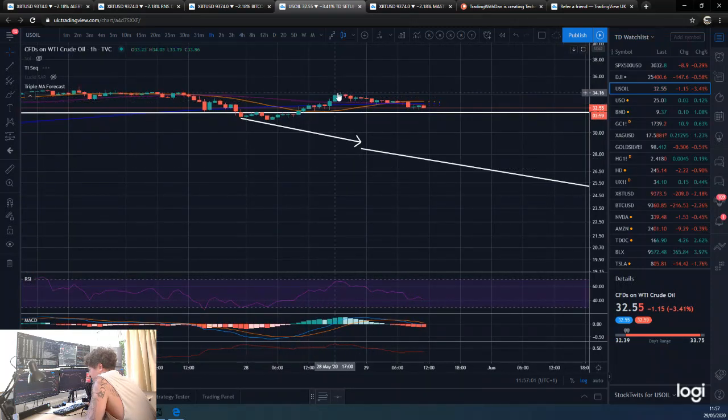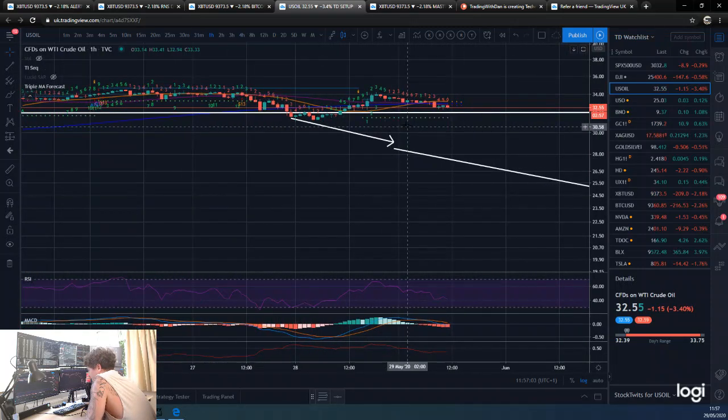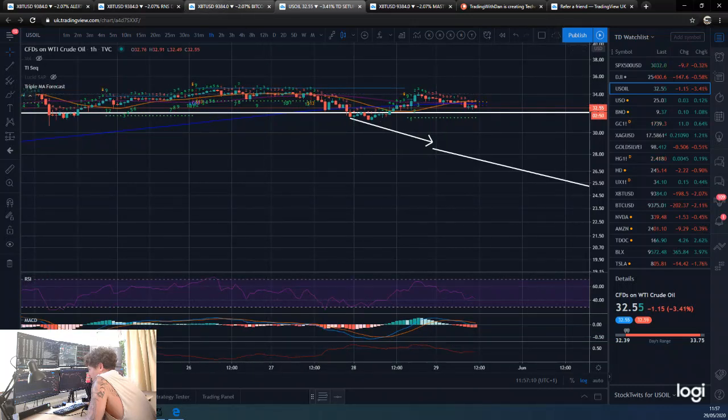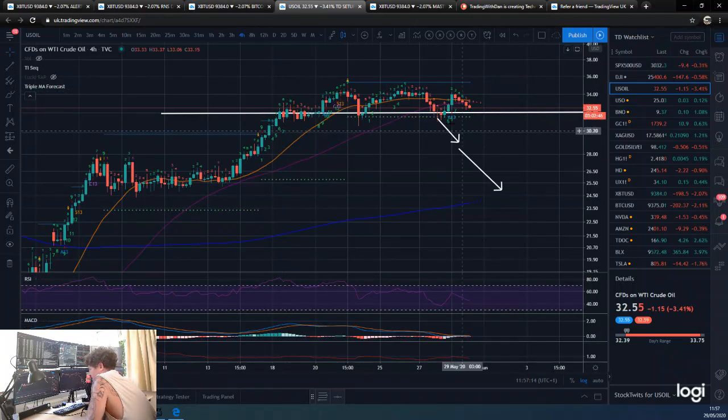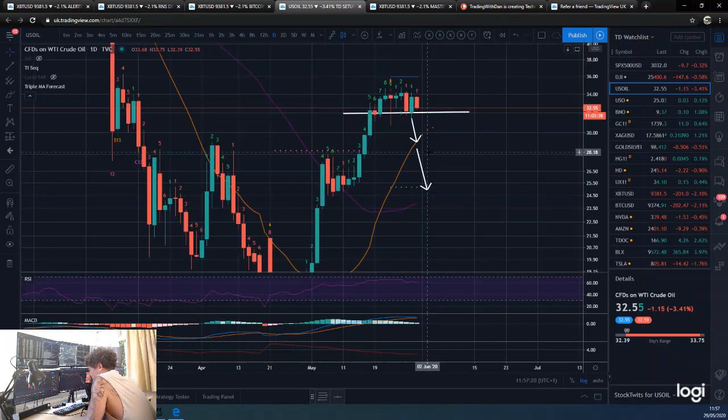I bet this is one. No, it's not. Here's the 9. So nothing really to help us pinpoint a trade here. We are just waiting for the daily 9 to either play out or not play out.